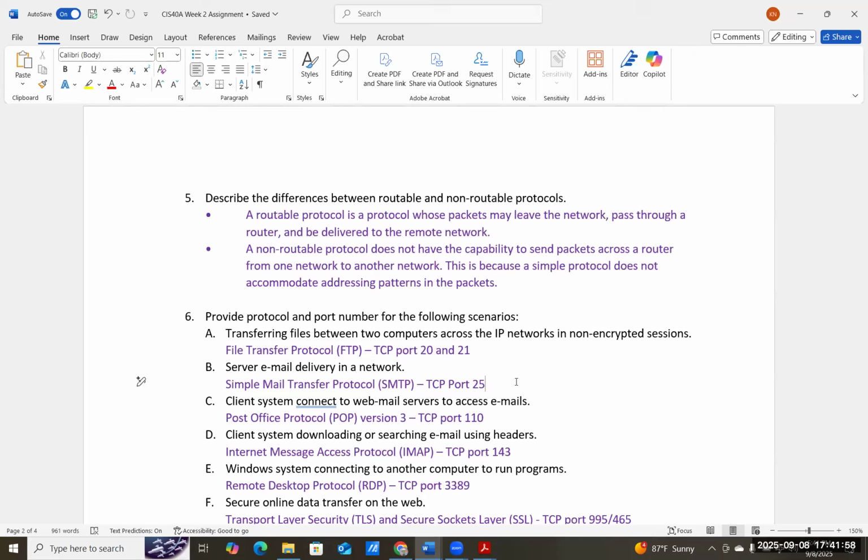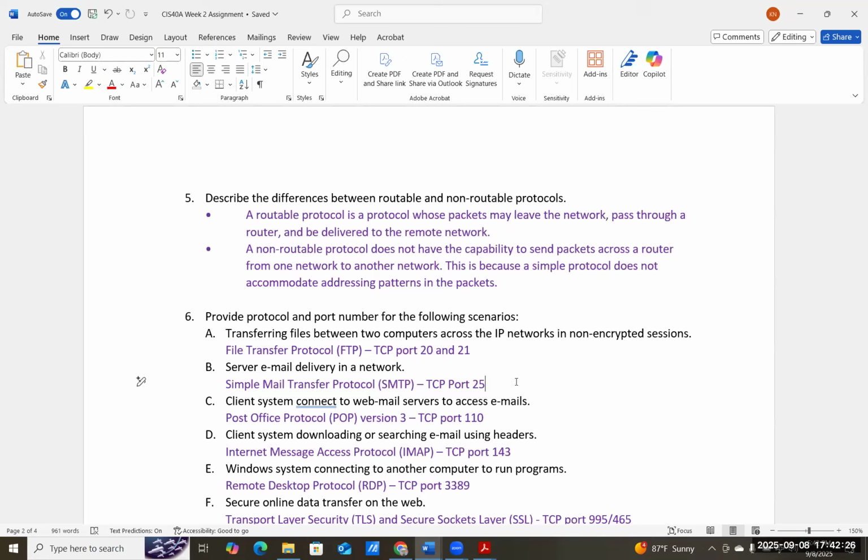It's like the post office delivering your postal mail. There's a system that handles how your mail gets to your inbox, and how your mail gets sent from your account. Okay, so it uses port 25, SMTP.